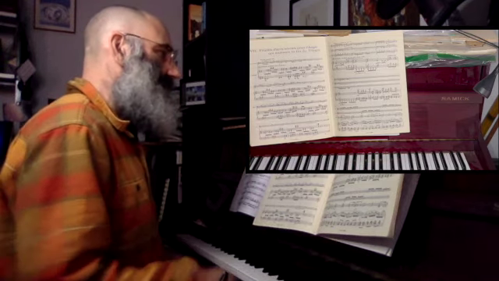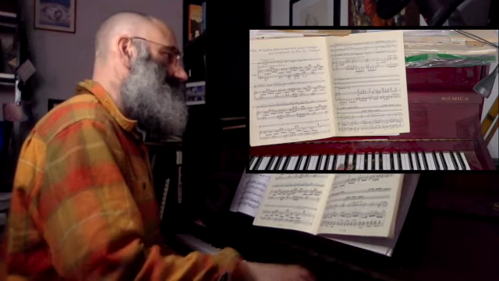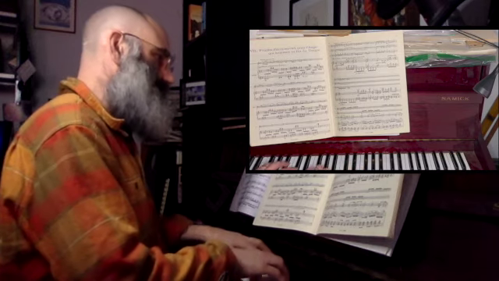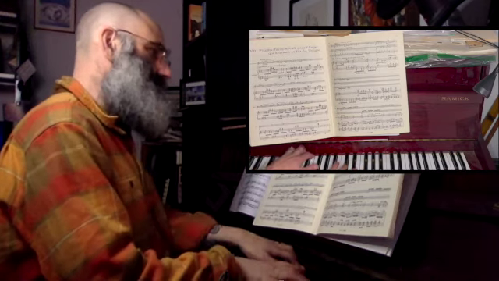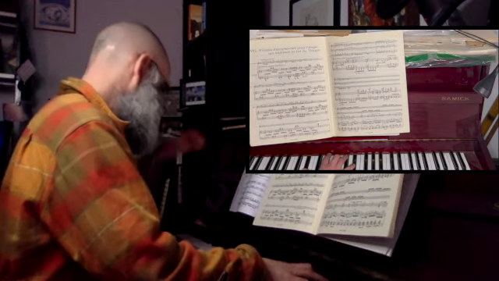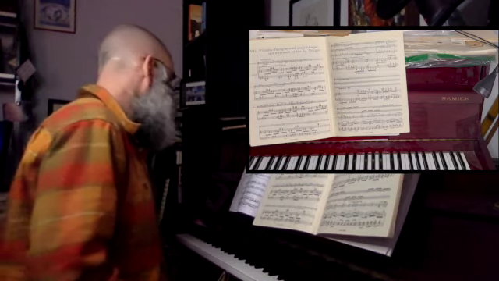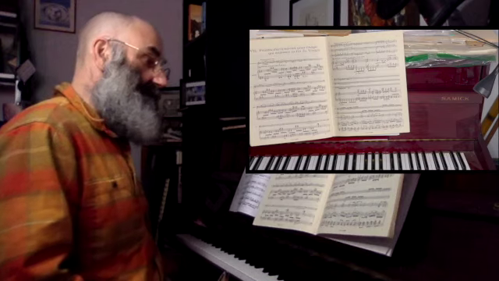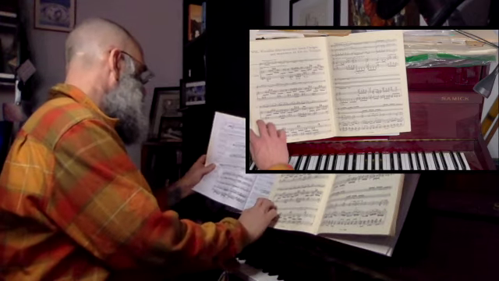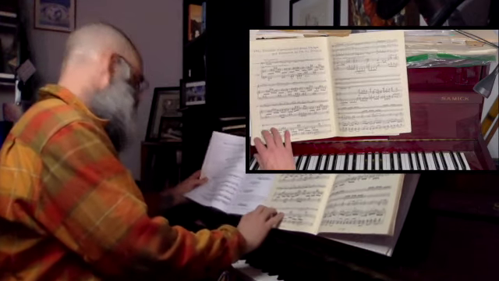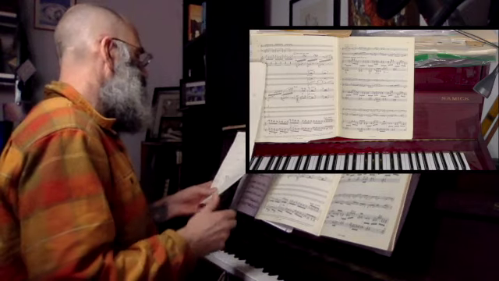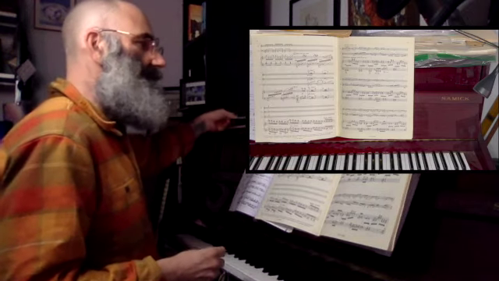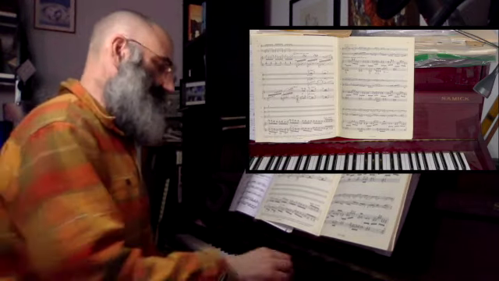In the piano and in the violin. So that's our second theme, and then at measure 27 we have our return of the first theme.